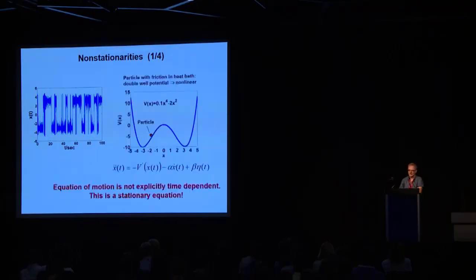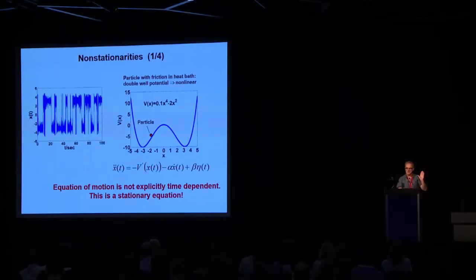But this is actually wrong. This was simulated using just a nonlinear dynamical equation. In this case, it's a particle subject to a specific force with a double well potential.